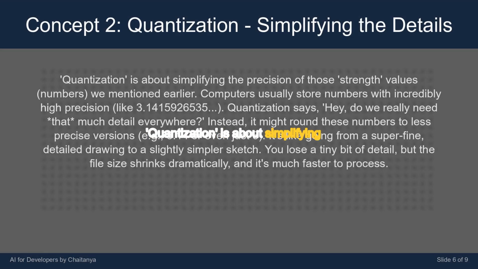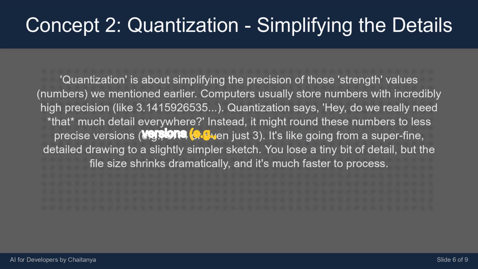Quantization is about simplifying the precision of those strength numbers. We mentioned earlier, computers usually store numbers with incredibly high precision, like 3.14159265535. Quantization says, hey, do we really need that much detail everywhere?